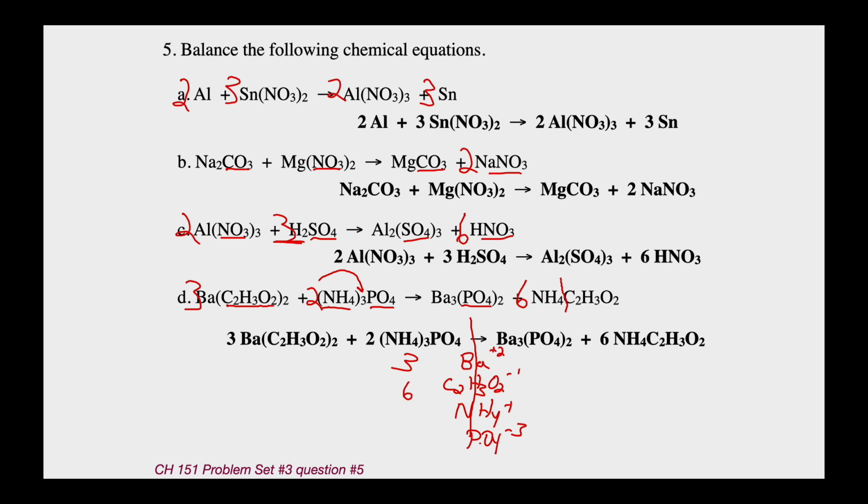And then the ammonium phosphate on the reactant side means 2 times 3, 6 ammoniums, and 2 times phosphate would be 2 phosphates. On the product side, barium phosphate has 3 bariums and 2 phosphates, so those look good. And 6 ammonium acetates means 6 ammoniums, and it means 6 acetates.